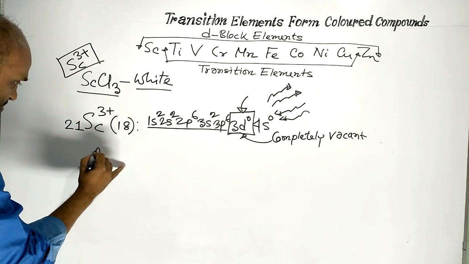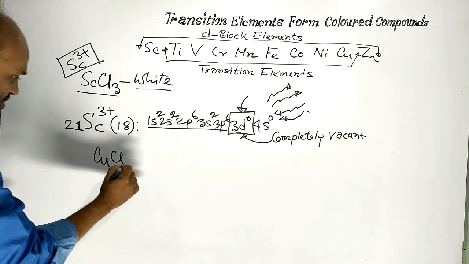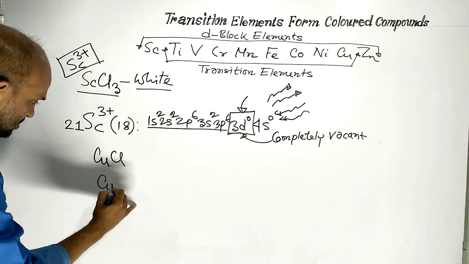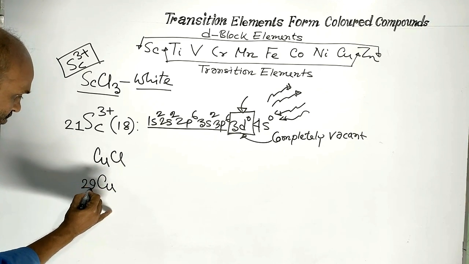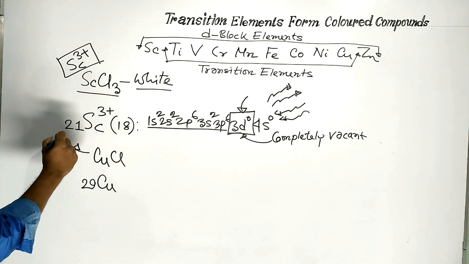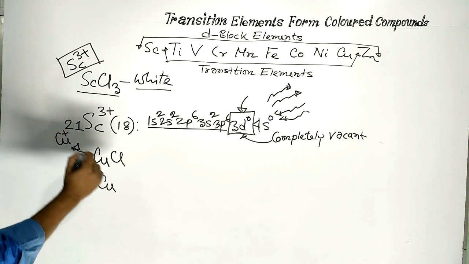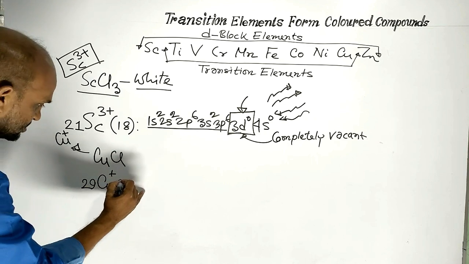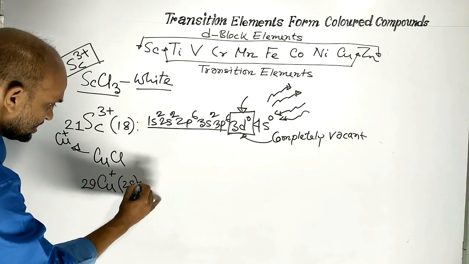Again, copper 1 chloride or cuprous chloride. Here, copper, atomic number 29. Here the ion is copper plus. Copper plus ion contains 28 electrons.